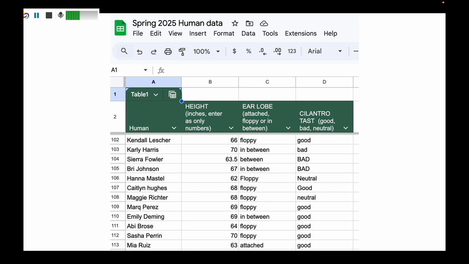And so part of the story that we create for the students when it comes to quantitative traits is a quantitative trait that they have firsthand experience with: their height.